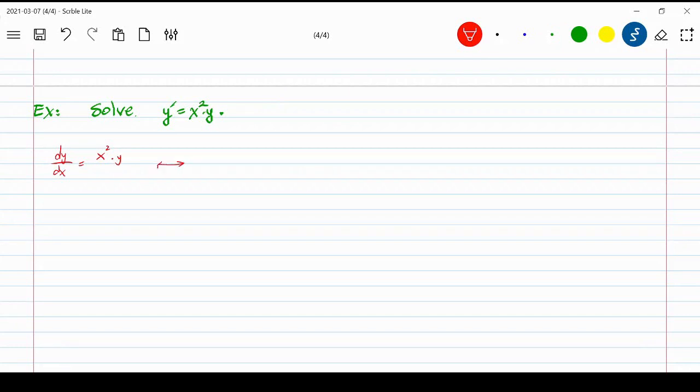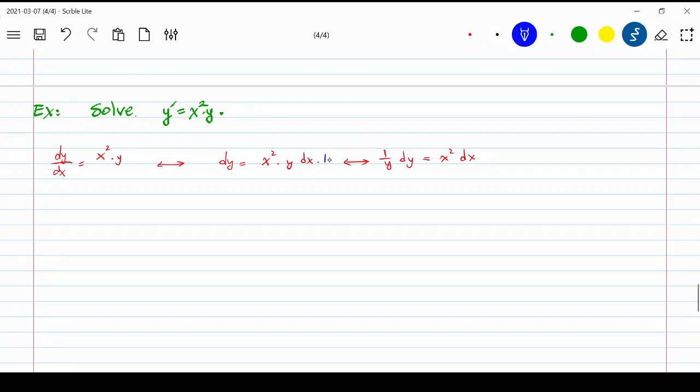If you remember, I said you want to move the y's to one side and the x's to the other side. So you can cross multiply. So you have dy equal x squared times y dx. And since I can get rid of this y by dividing, I'll write it as 1 over y dy equal x squared dx.